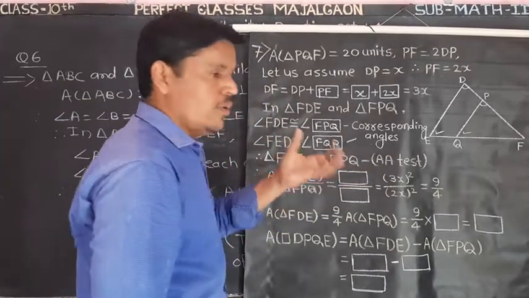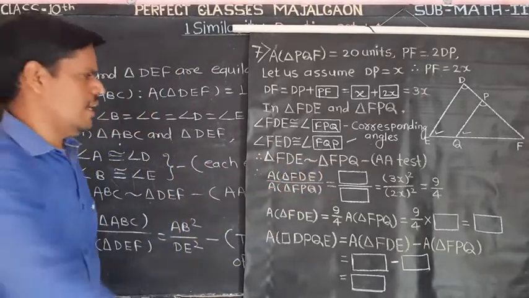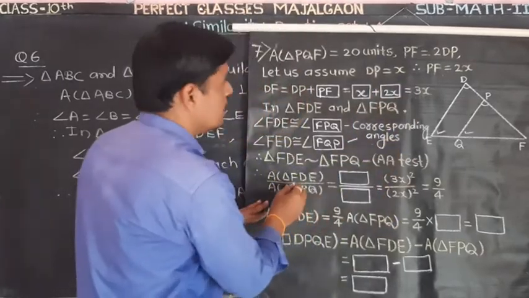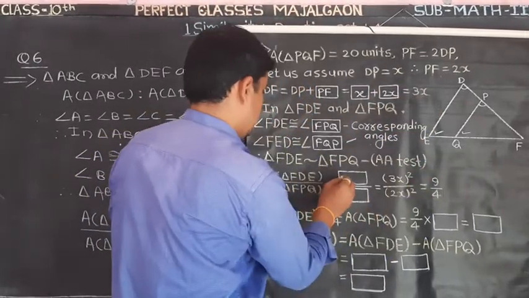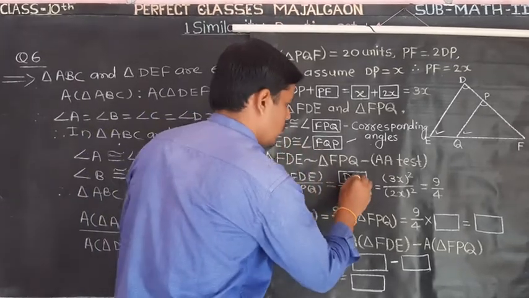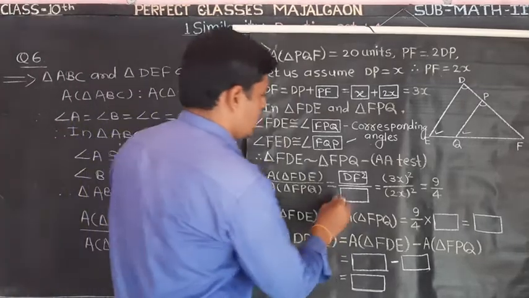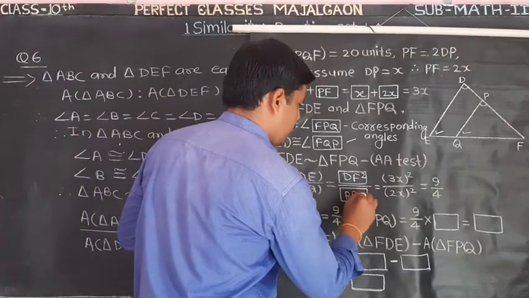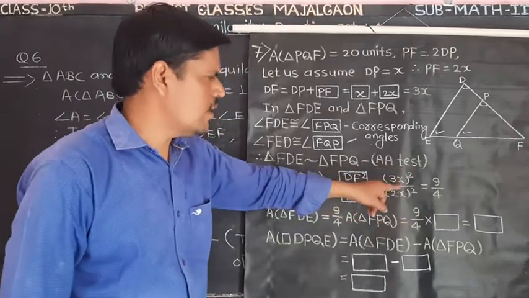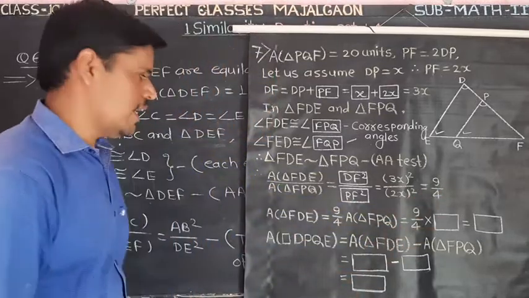Therefore we use the theorem of areas of similar triangles. Area of FDE upon area of FPQ equals DF square upon PF square. We write the values: 3x upon 2x, its square. x square cancels, the square of 3 is 9, the square of 2 is 4, so 9 upon 4.